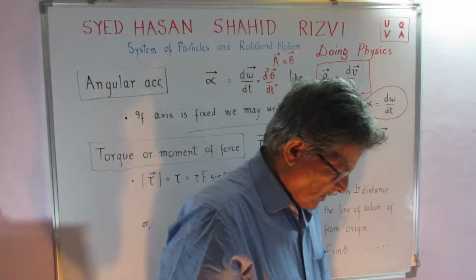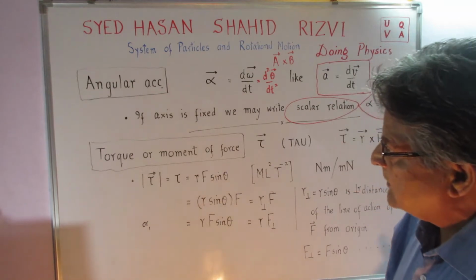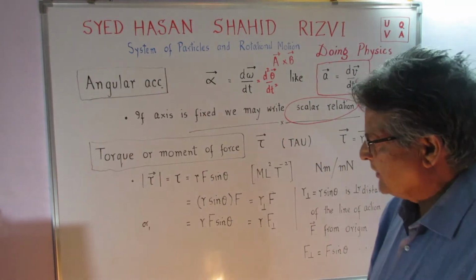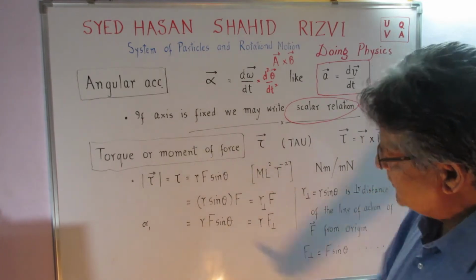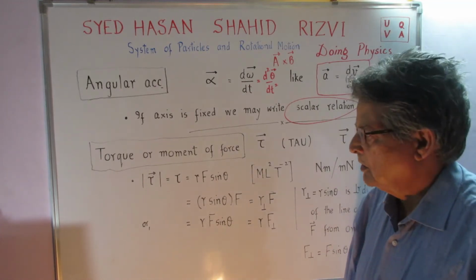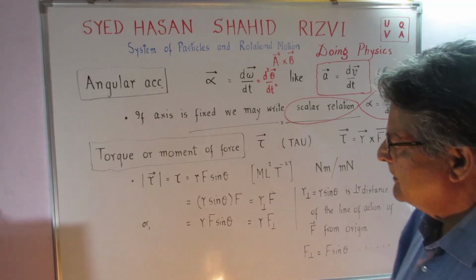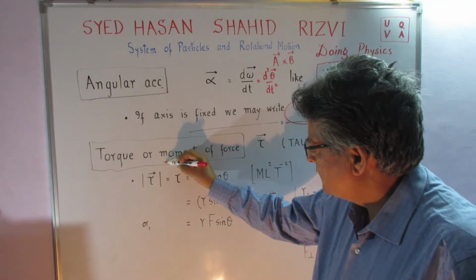So this is one of the quantities which is essential, which we will be using, and that is the angular acceleration. Now, let us define what is the equivalent of force in rotational dynamics, and that is what we call the moment of the force.